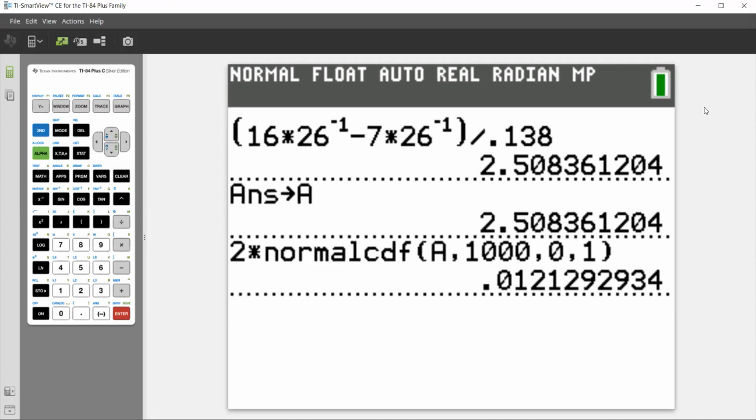His question was, what if the test statistic is negative? Well, that's to the left of 0, on the left end of the curve. We would do normal CDF as if we were calculating a left tail, and then multiply that by 2. Okay, thank you. Very good question.